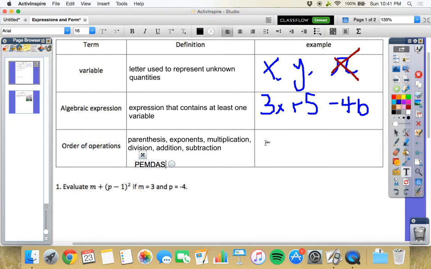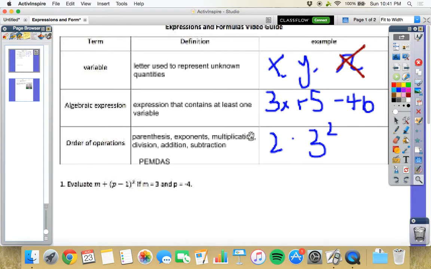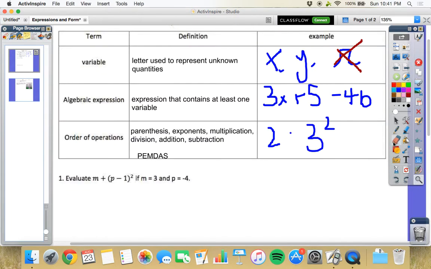This is important because, say you are trying to evaluate the expression 2 times 3 to the second power. It's important that we use the order of operations, because if we do these in a different order, we'll get a different answer.